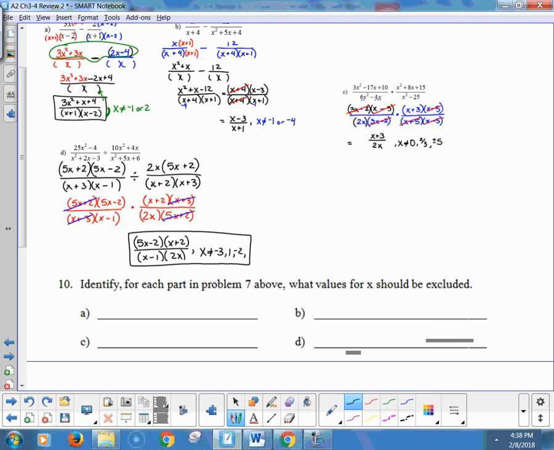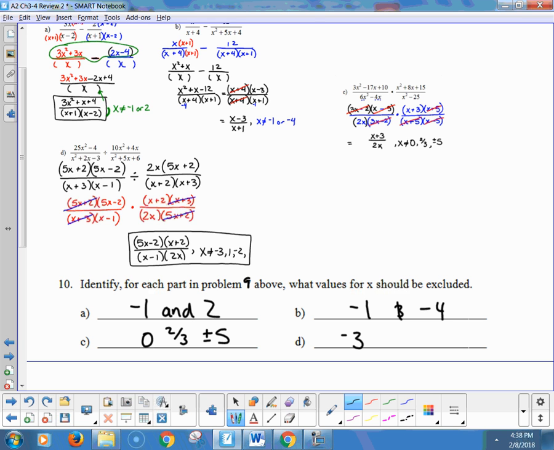Okay, so if we were filling these things in, for problem 9 above, the excluded values would be -1 and 2. For B, it would be -1 and -4. Here we had 0 for C, 2/3, positive or -5, and here we had negative 3. Ooh, did I forget? I did.